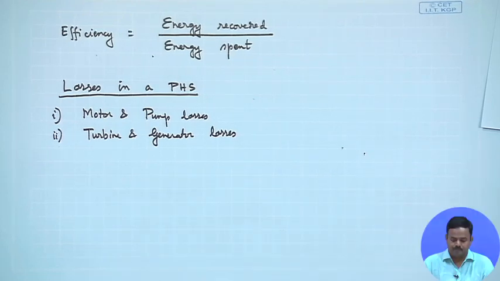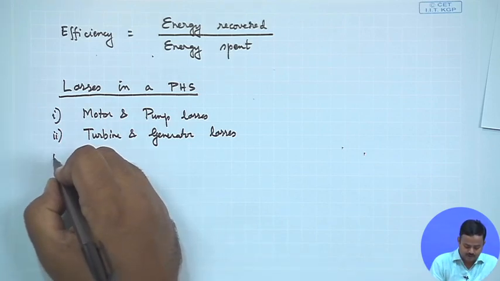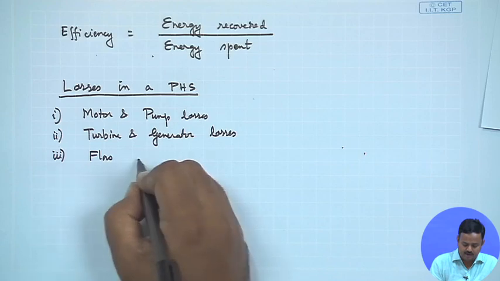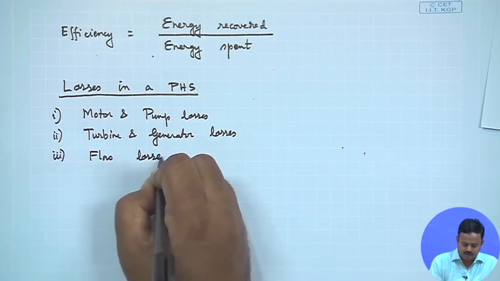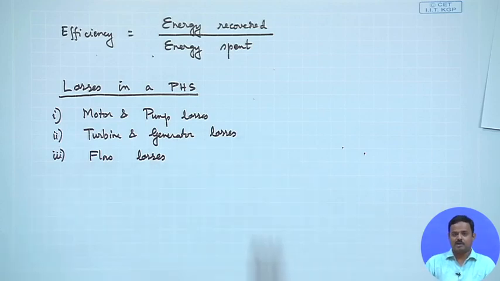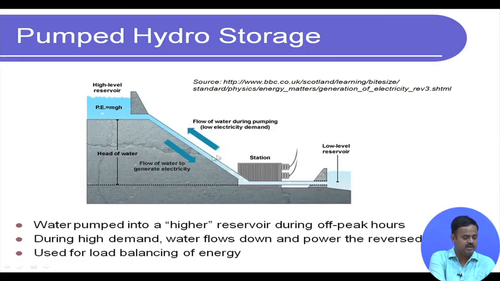What else? There can be flow losses, because remember it is flowing through some channels. The way I showed the schematic was two lines, but if you actually see in this picture, there are flow channels that go up, and this may even be underground. So, in the flow paths, there can be some seepage.